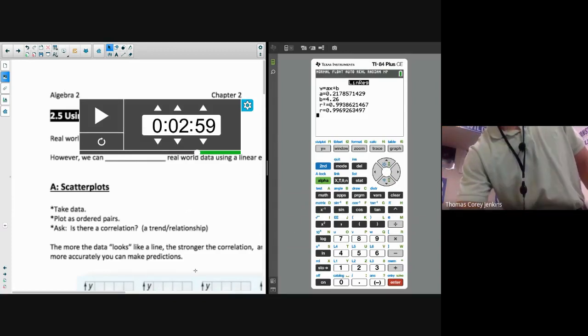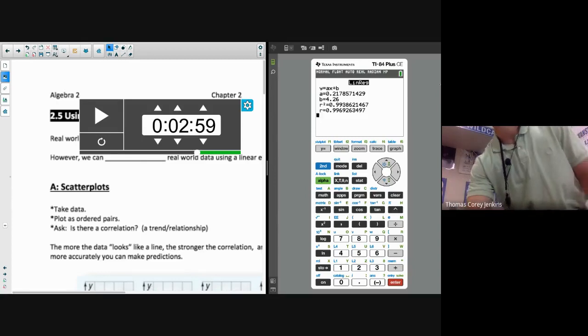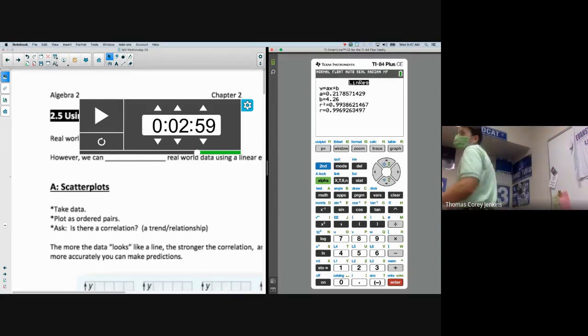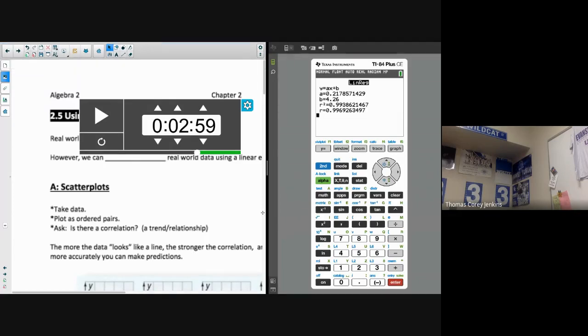I'm going to skip ahead in our notes because the first two examples are all about making scatter plots and drawing a line of best fit by hand, but you don't need to do that. So I'll breeze through it.